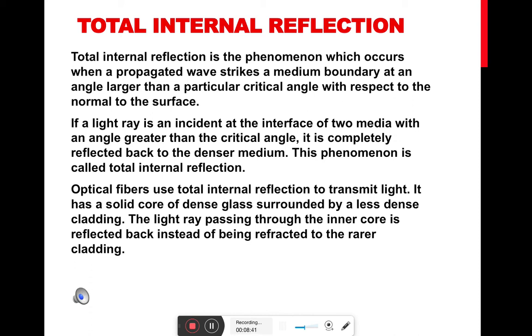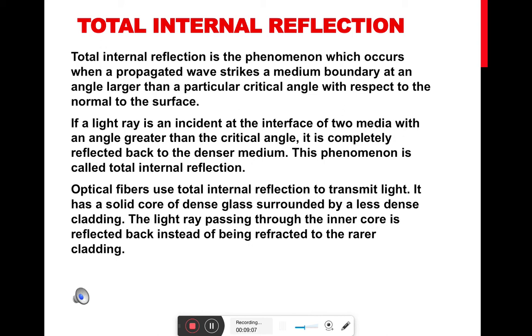Okay, now consider the case of an optic fiber. An optic fiber has core, cladding and a buffer jacket. As I've already mentioned, the core has a higher refractive index than that of a cladding. So when an incident ray is incident on the core at an angle greater than the critical angle, then the ray will be reflected back to core itself.